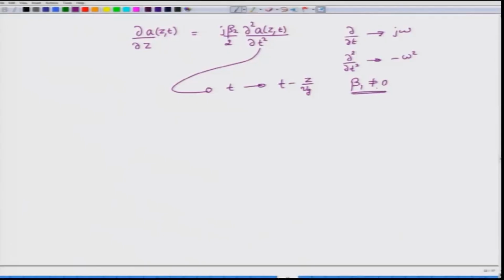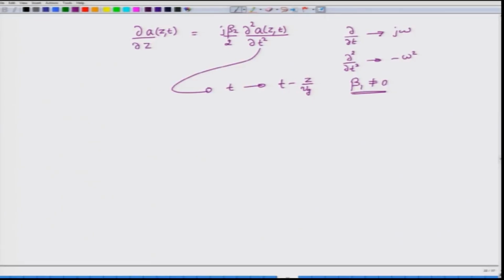Keep that in mind. This z by Vg term comes because beta 1 is non-zero, so the pulse center travels with a velocity of Vg. Having made that remark, for now we will forget about it.